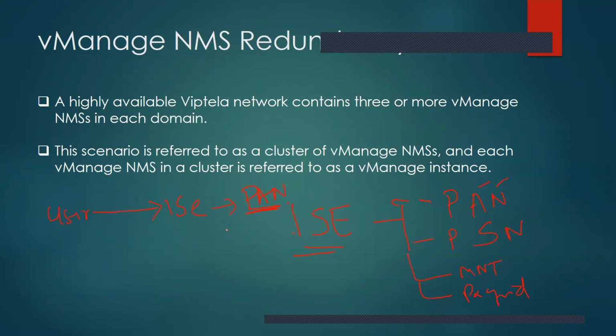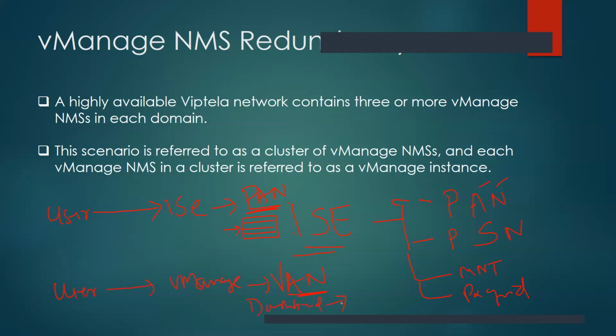You are logged into a dashboard where you can see endpoints, you can see the menu, you can go to all policies, etc. Like that, when I log into vManage, where will I log in? Some sort of administrative node, right? I will give it the name WAN, which is not a real name. You can think of it as some administrative node. You are logging into the vManage dashboard, right?